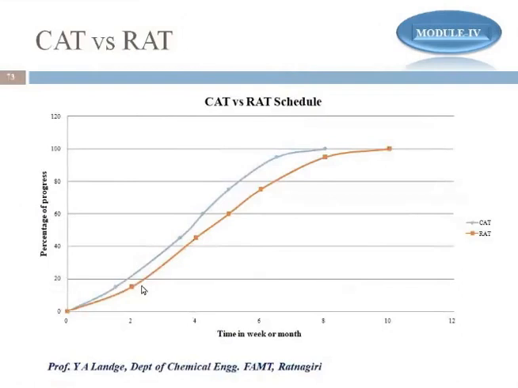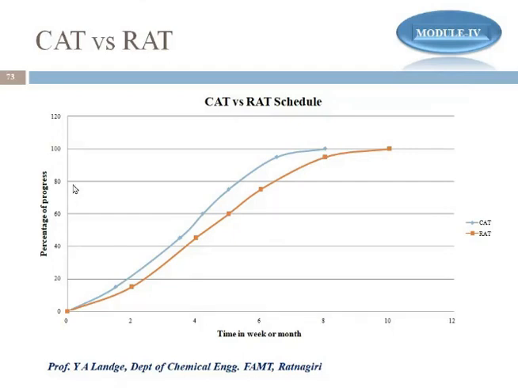So you see here, this is one diagram, a graph. The x-axis represents the time in weeks, and the y-axis represents the percentage progress of the project.